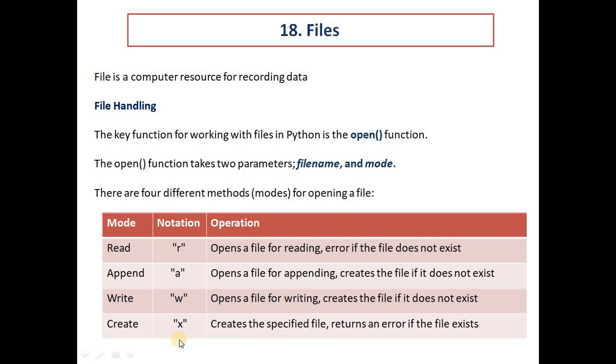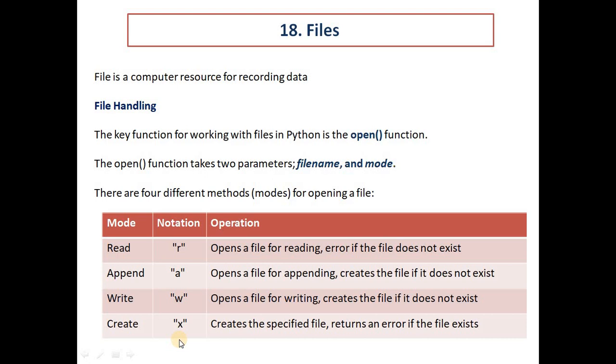So 4 modes: read, which is used to read the data in a file; A is used to add data to the end of a file; W, write, is used to overwrite an existing file; and X will be used to create a new file. So the syntax used to open is open, file name, comma, mode.